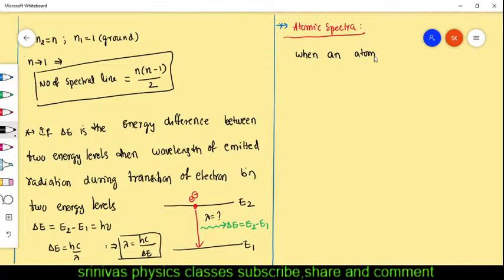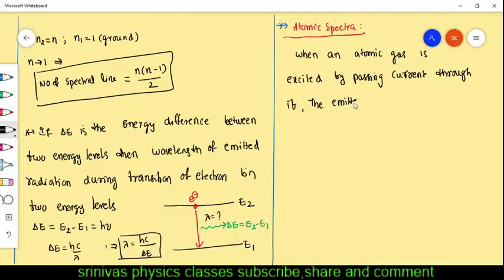When an atomic gas, some gas, is excited by passing current through it, the emitted radiation has a spectrum.